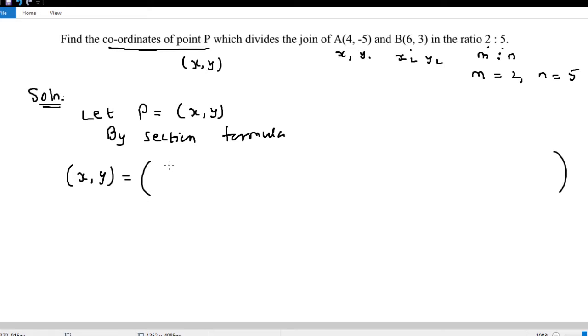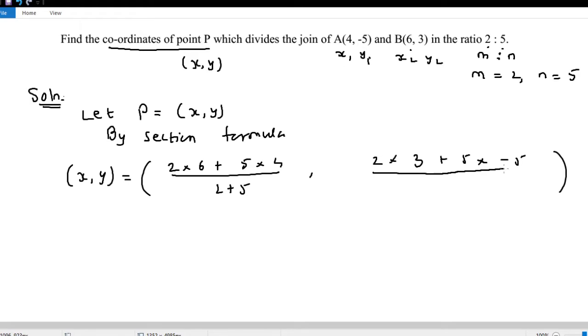M is 2, so 2 times x2, x2 is 6, plus n, which is 5, into x1, which is 4, upon m plus n, which is 2 plus 5. The y coordinate similarly will be my2, 2 into 3, plus 5 times -5, considering the sign of y1 as -5 here, upon 2 plus 5.